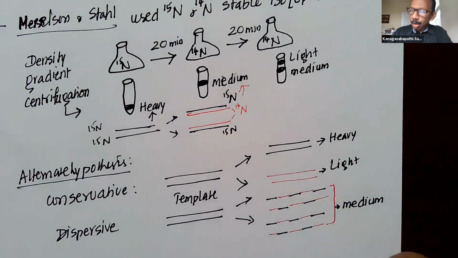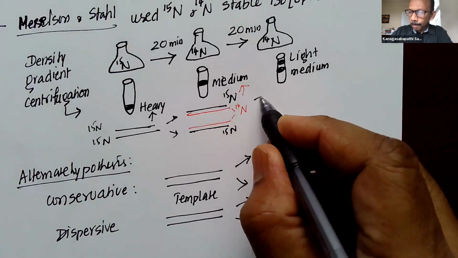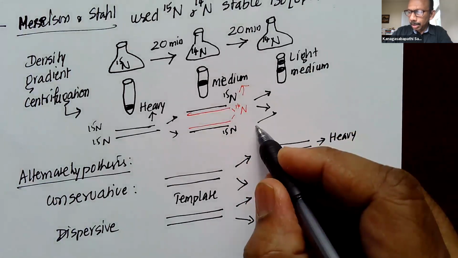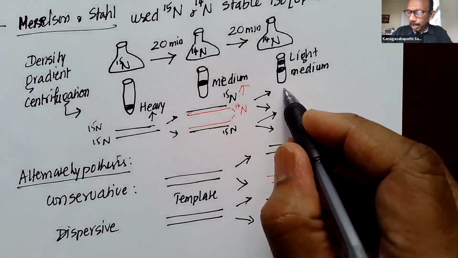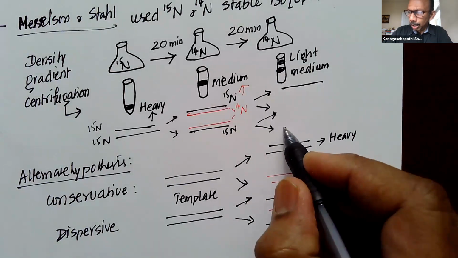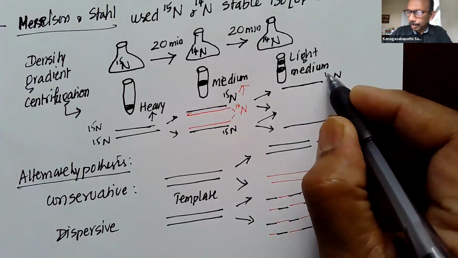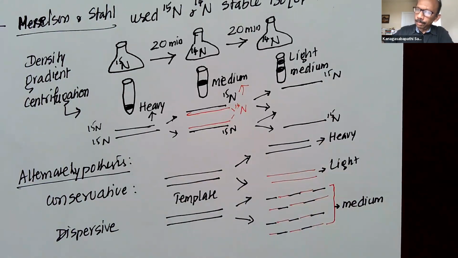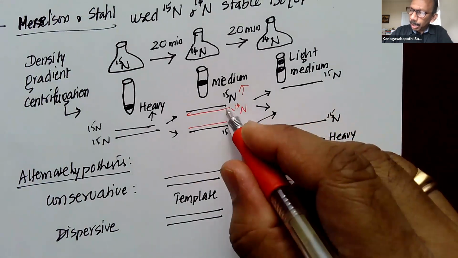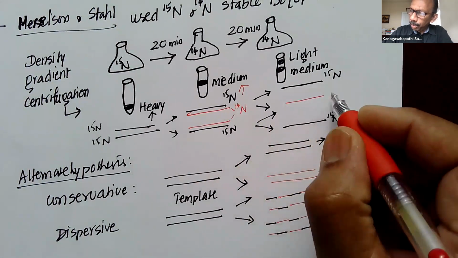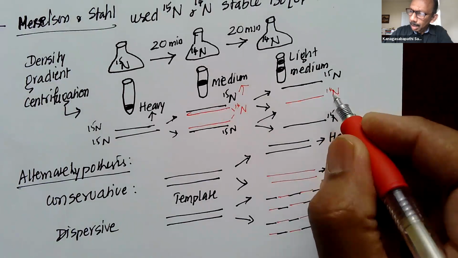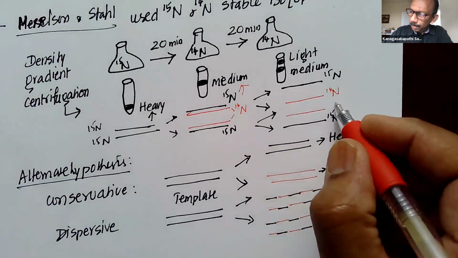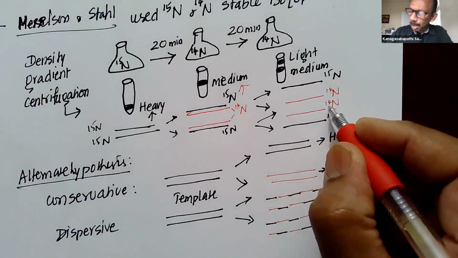So then continuing on this replication process, this is going to split into two, this is going to split into two. So the template is going to be 2 N15. It is coming from this original N15, and this template is going to be N14, and this template is going to be N14. Okay.